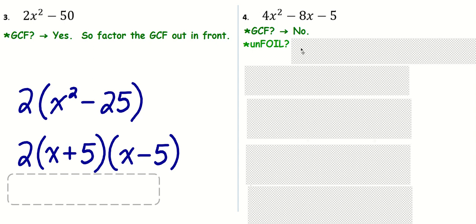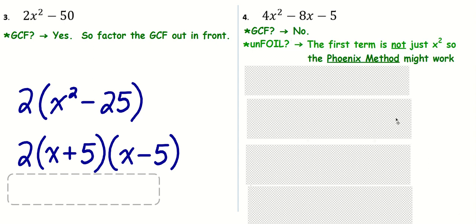But look, when you see that the first term is not just x squared, this is 4x squared, the Phoenix method is what you probably want to do. It's definitely what I've been recommending big time. It's the only method I probably showed you to unfoil when it gets a little bit tougher.